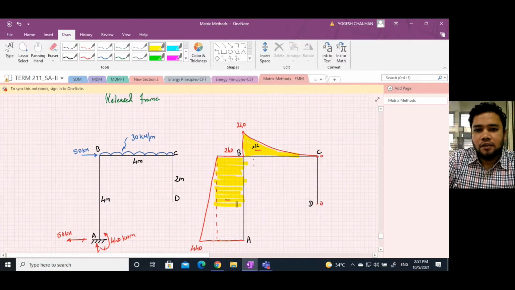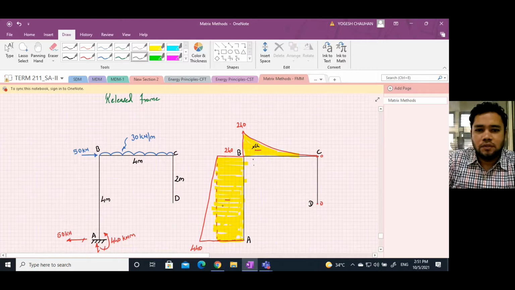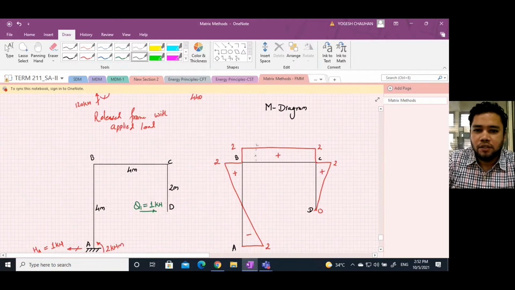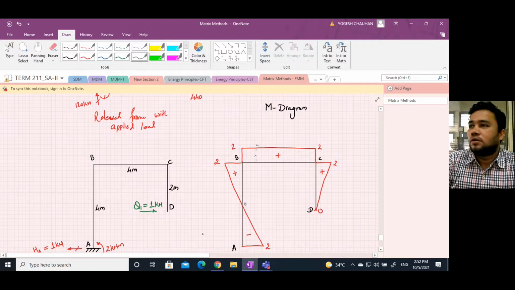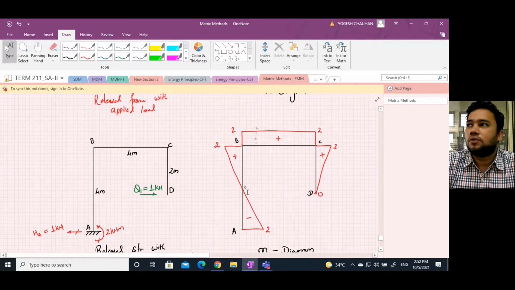For the rectangle part, the CG will be here at the center, and corresponding to this, the bending moment in this diagram at the center is 0. So you multiply this area by 0.